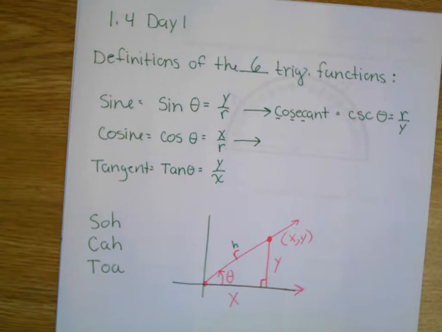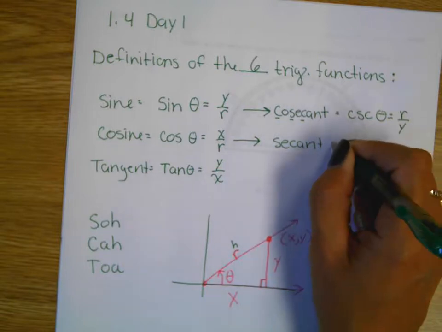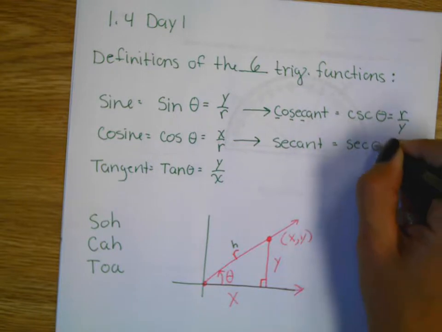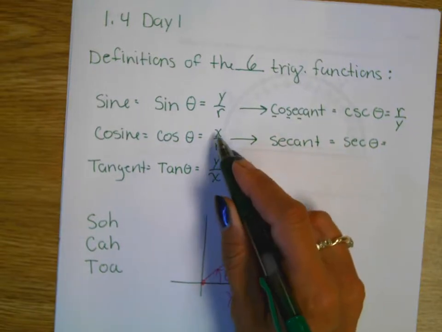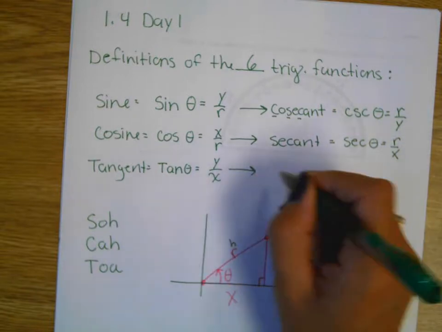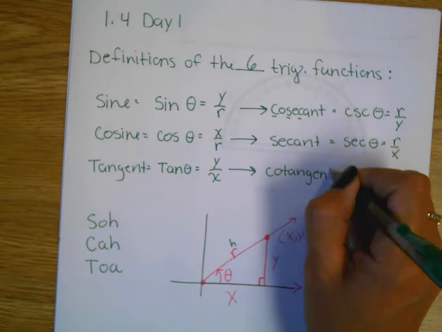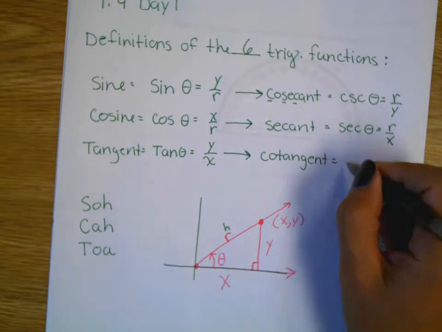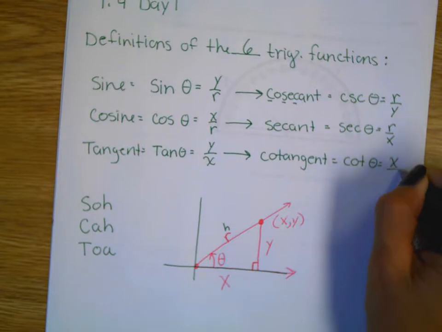Cosine's reciprocal is called secant, abbreviated SEC, and the reciprocal gives us r over x. And tangent's reciprocal is cotangent, abbreviated COT, and that will be x over y.